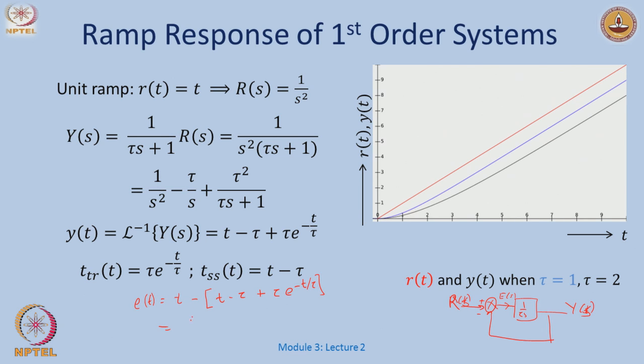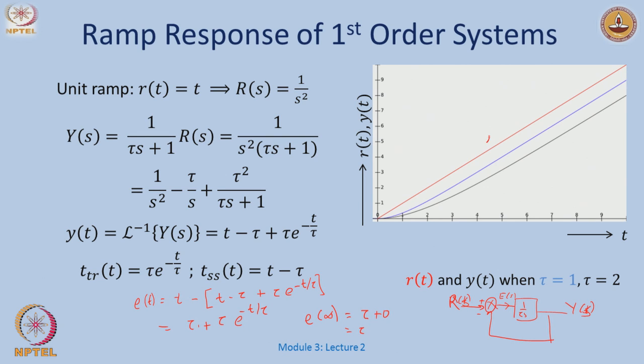Okay, so what I am left with is tau plus another tau e power minus t by tau. Now, if I do these things, E at infinity would be, well, this nothing will change here, tau plus this guy, which at infinity will go to 0. So, nothing will change here, tau plus 0 is tau. Okay.